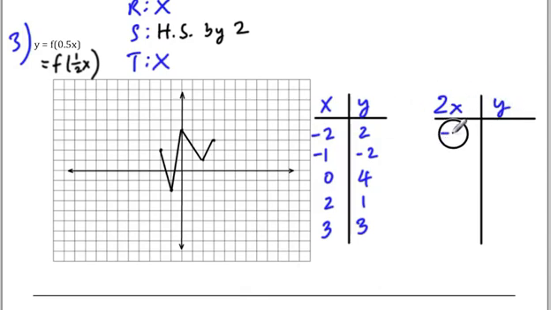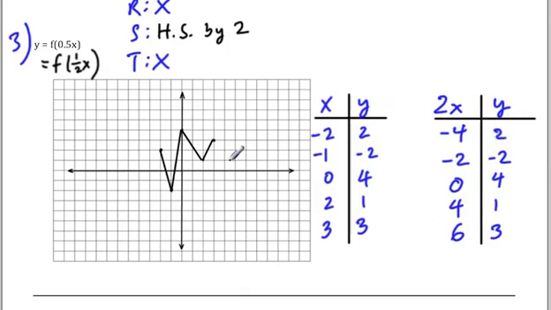Let me write the y's first since they don't change at all: 2, 4, 1, 3. And for the x's, since everything gets multiplied by 2, -2 times 2 is -4, -1 times 2 is -2, 0 times 2 is 0, 2 times 2 is 4, and 3 times 2 is 6, right? So these are a new set of coordinates.